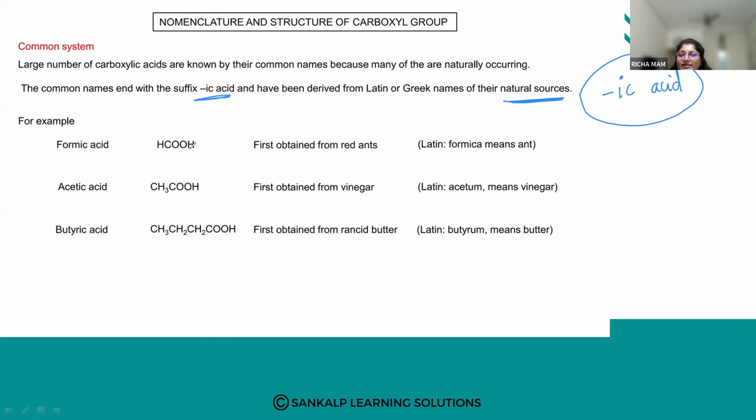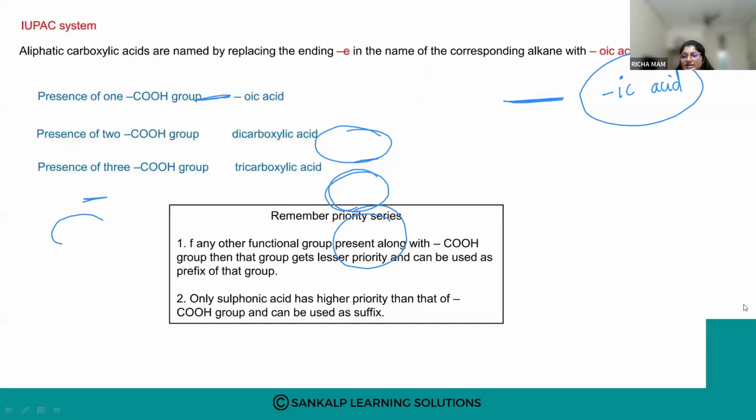Formic acid was first obtained from red ants. Acetic acid is obtained from vinegar. Butyric acid is obtained from rancid butter.